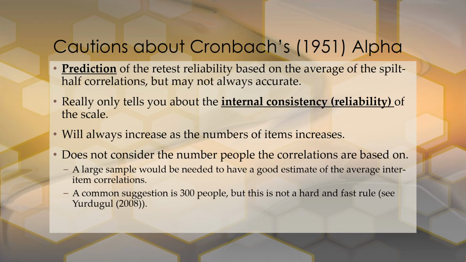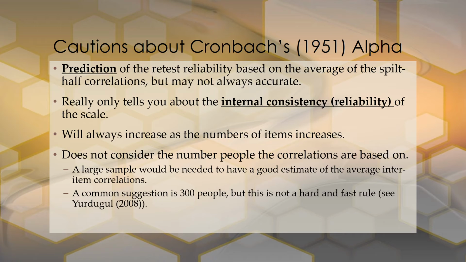As your number of items increases, so will Cronbach's alpha. Adding more items will always increase Cronbach's alpha. It also does not consider the number of people the correlations are based on.